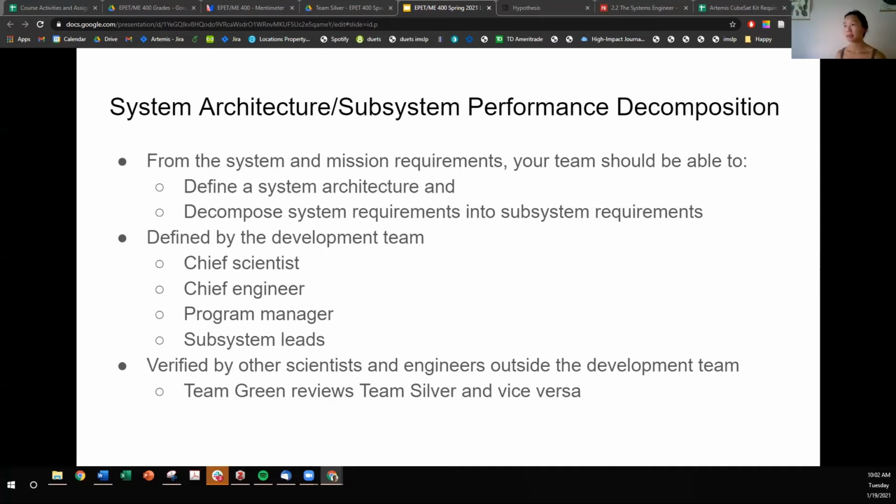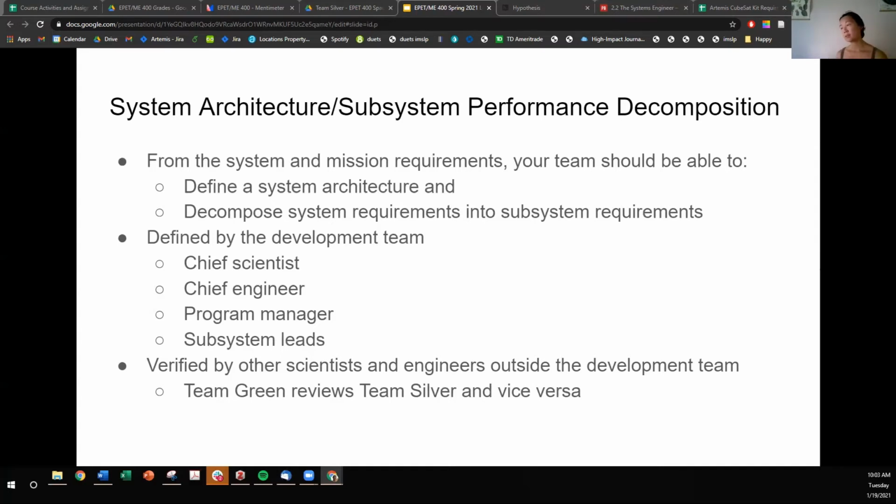These requirements are defined by the development team. So again, we have our leadership triad, the chief scientist, engineer, and program manager. Actually, the program manager, maybe not so much, but definitely our new characters are the subsystem leads.